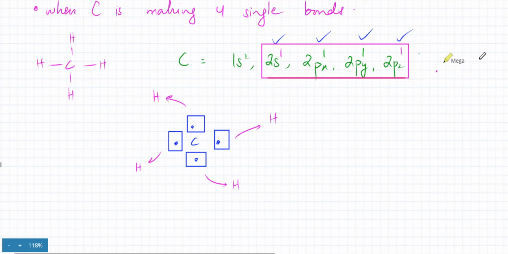This is what most atoms do: the outer shell electrons, instead of occupying the same orbital, if there's space available, get distributed, and in that way, each of the carbon orbitals ends up making one bond with hydrogen atoms. Okay, is this clear? Any questions about this?